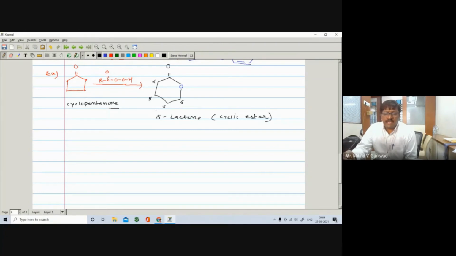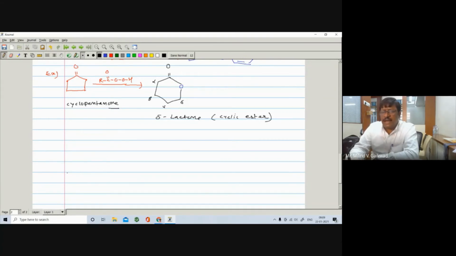It is called the Kiliani-Fischer synthesis, the conversion of the lower member into the higher member. One of the steps is the formation of such a cyclic ester called a lactone, and depending upon the size of the ring, it is called a gamma lactone, and you get such a gamma lactone.